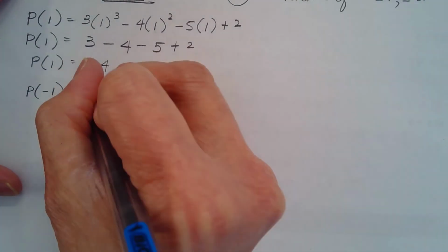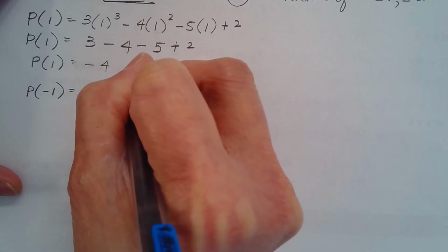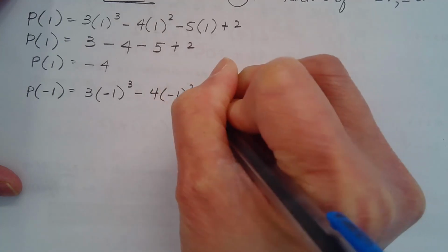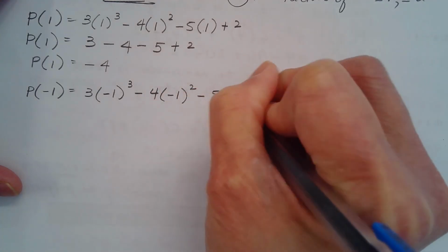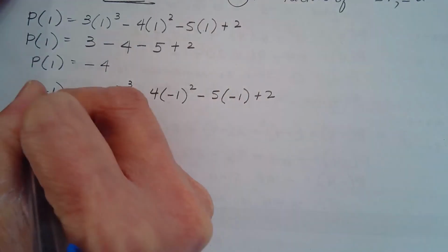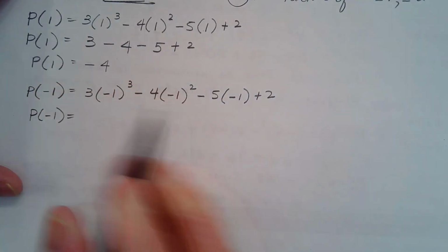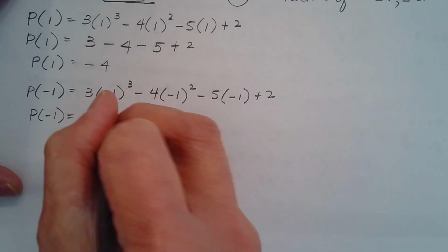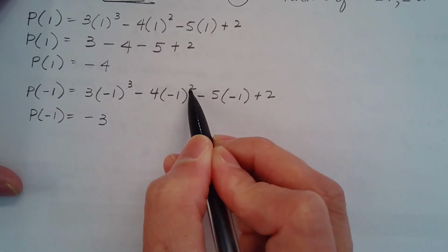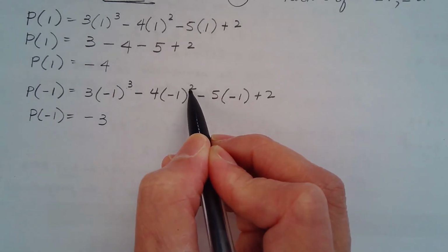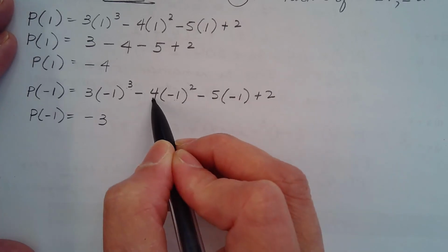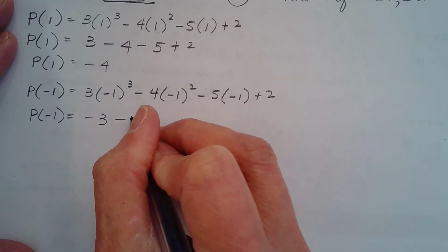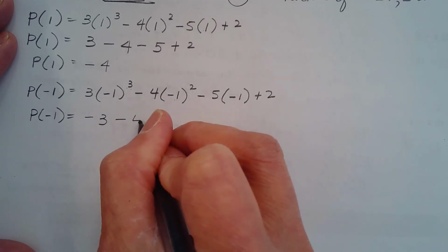So 3 times negative 1 cubed minus 4 times negative 1 squared minus 5 times minus 1 plus 2. Negative 1 cubed is minus 1, times 3 is minus 3. Negative 1 squared gives us plus 1, times minus 4 is minus 4.